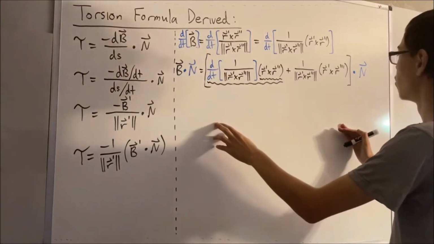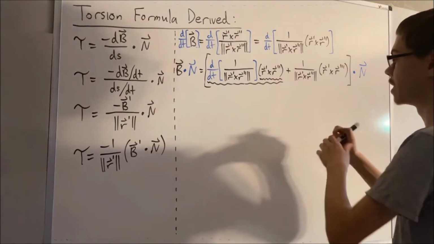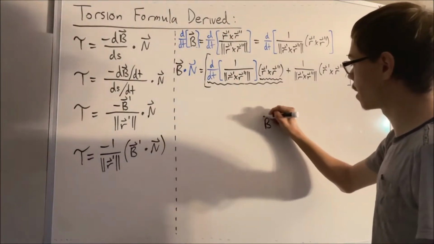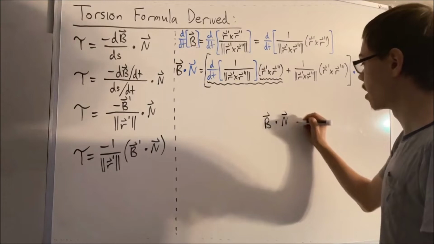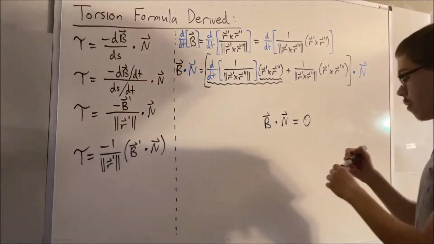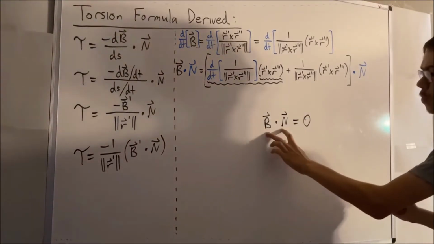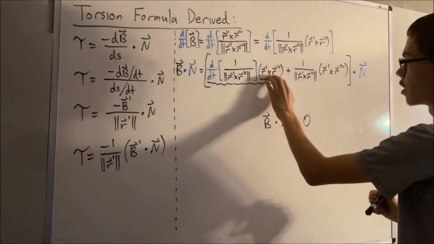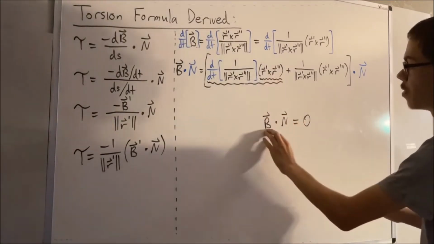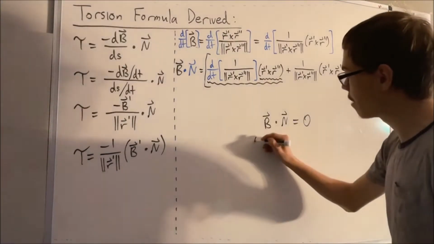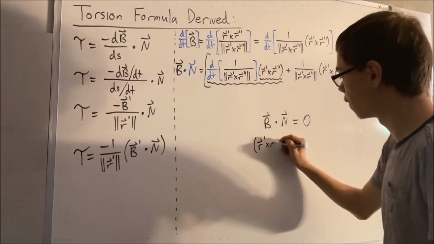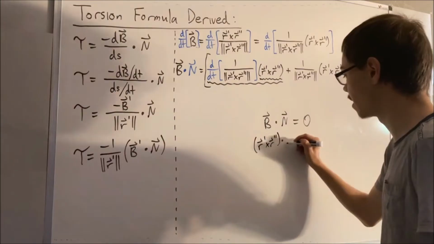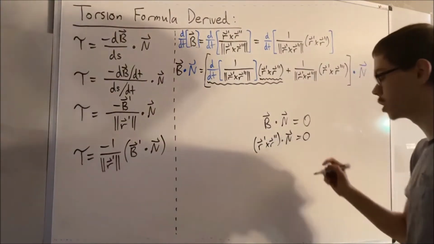And when we take the dot product of the unit binormal vector and the normal vector, this is going to result in 0 because these two vectors are perpendicular to each other. And since this vector points in the same direction as the unit binormal vector, that means when we take the dot product of this vector and the unit normal vector, that will also result in 0.